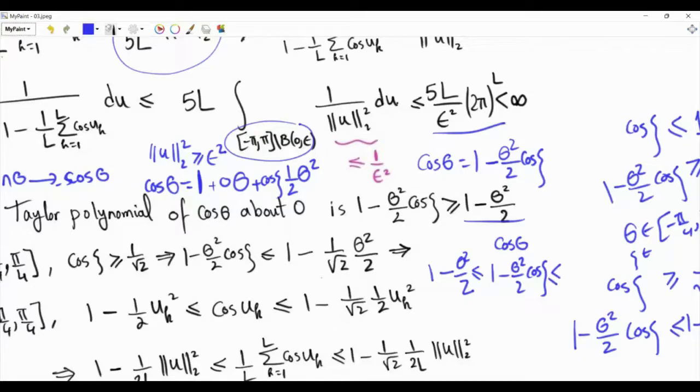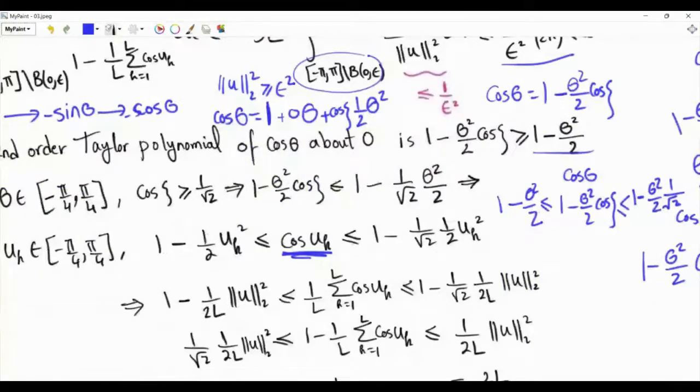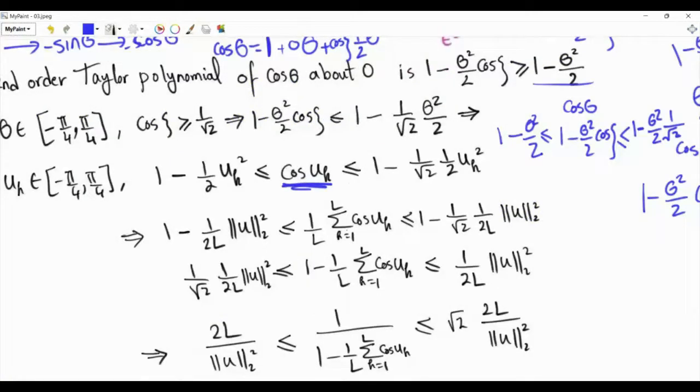Also, it is upper bounded by 1 minus theta squared over 2 times 1 over square root 2. So now for theta, use uk, where k is 1, 2, all the way to L. So we have L inequalities. Cosine uk is between 1 minus 1 half uk squared and 1 minus 1 half uk squared times 1 over square root 2. We then add k from 1 to L and divide by L.